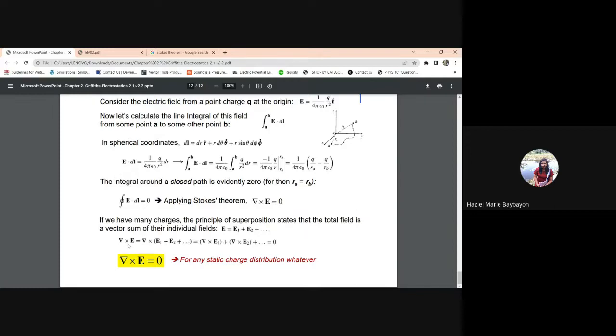So we can apply our rules, class, for differentiation.